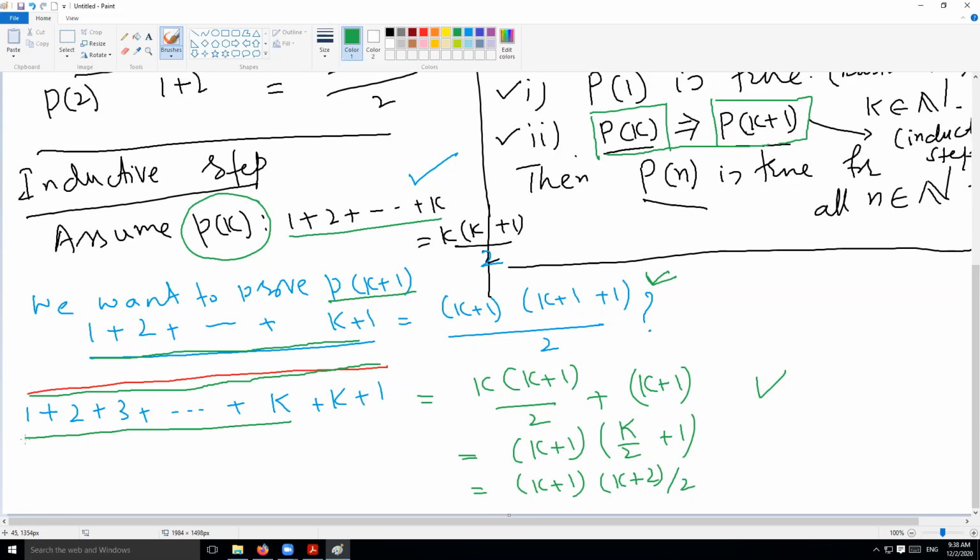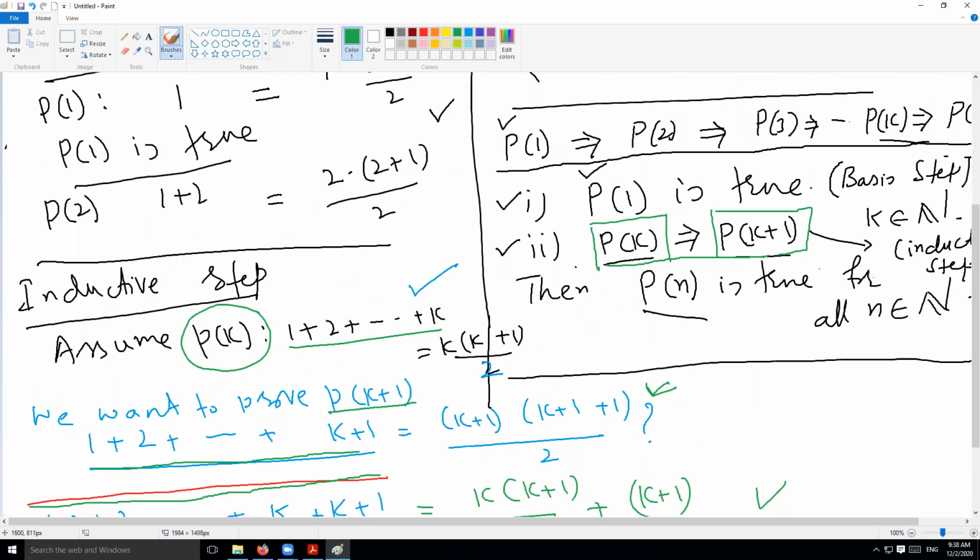So on the place of this, I substituted k times k plus 1 upon 2 plus k plus 1 as it is actually. So I haven't changed it. And then I simplified this expression. I got what I want actually. So this kind of shows that both conditions of principle of induction are true. So therefore, the P of n is true for all natural numbers.